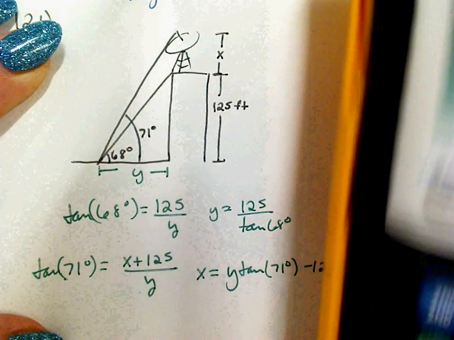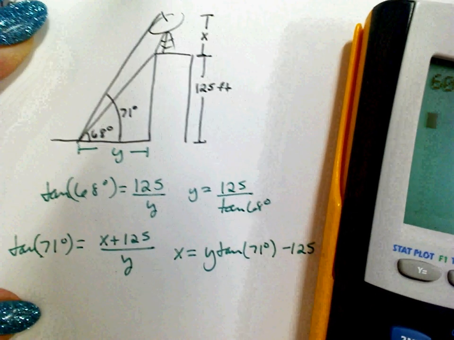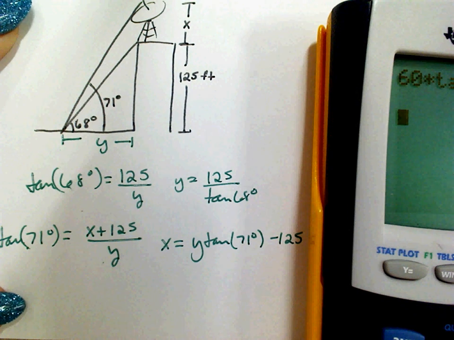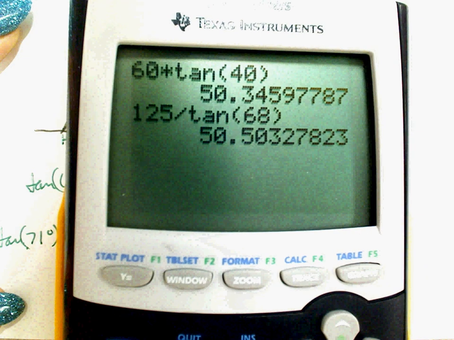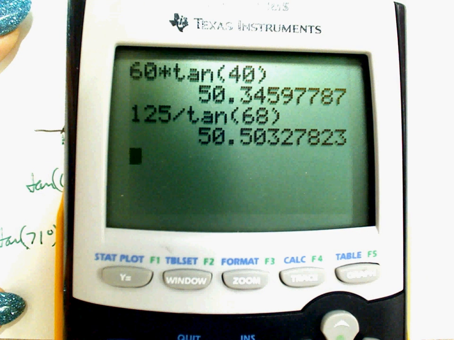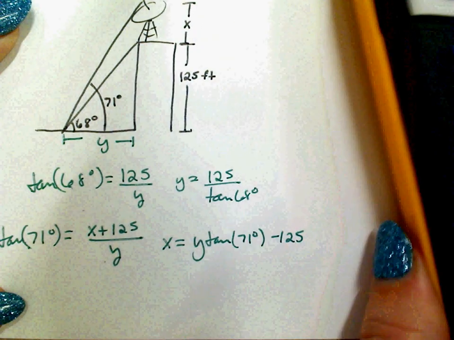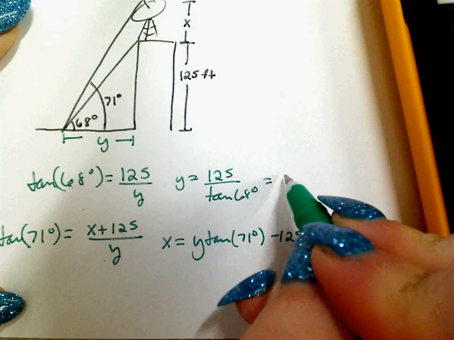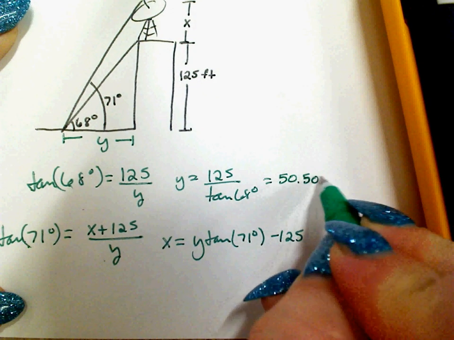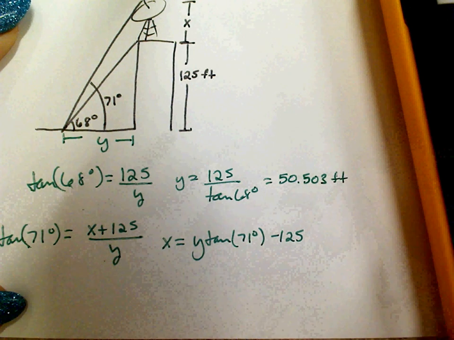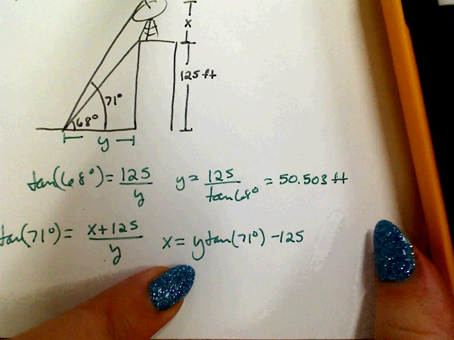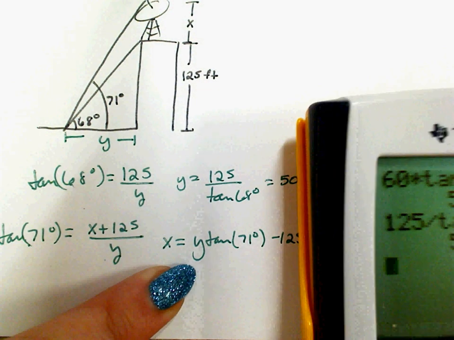So I know y is 125 divided by tangent of 68, which I find to be 50.503 feet. And then I'm going to multiply that by tangent of 71 and subtract 125.